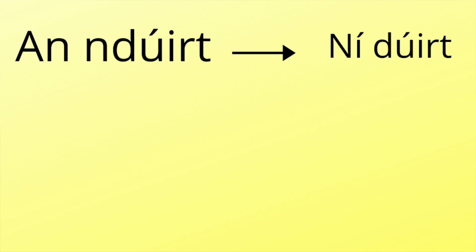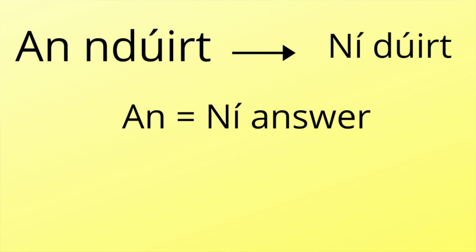So it could be confusing to know how to answer that question in the negative, because it could be ní or it could be níor if you're answering in the negative. So I have an easy way to help you remember that potential problem. If the question starts with an and you're looking for an answer, think of it this way. An is going to be answered in the negative with ní.